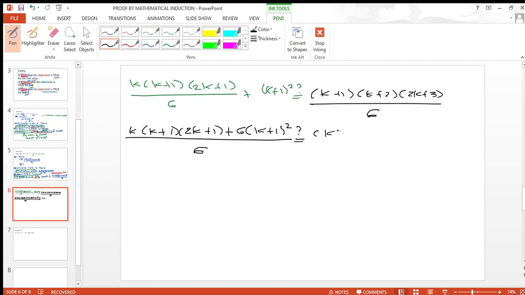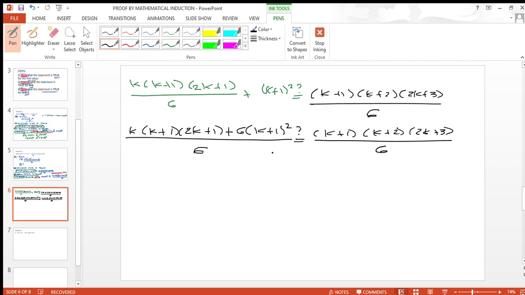We have k plus 1 times k plus 2 times 2k plus 3, everything divided by 6. So the denominators are already exactly the same, so we don't touch the denominators anymore. But the numerator, what can we do? This is still a sum. This is a factored form. So what can we do?